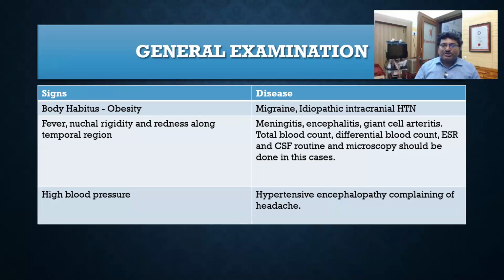If there is an obese patient, there could possibly be migraine or idiopathic intracranial hypertension. A patient with neck rigidity or redness in the temporal region could possibly have meningitis, encephalitis, or giant cell arteritis. In those cases, we have to go for blood count evaluation. Differential blood count, ESR, and CSF routine microscopy should be done. In a patient with hypertension, there is possible hypertensive encephalopathy, which could be a cause of the headache.